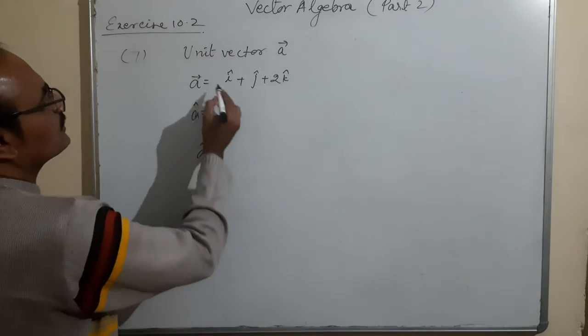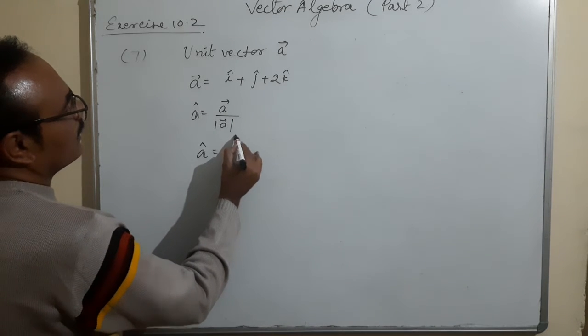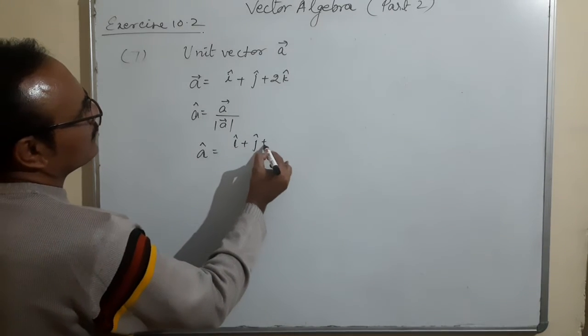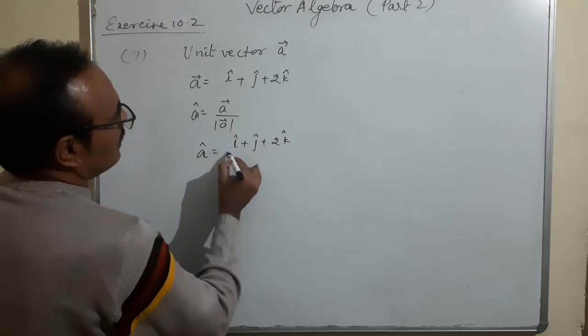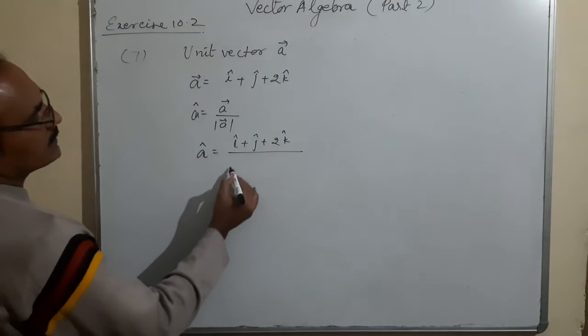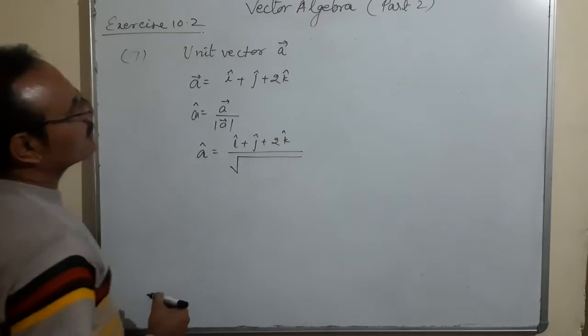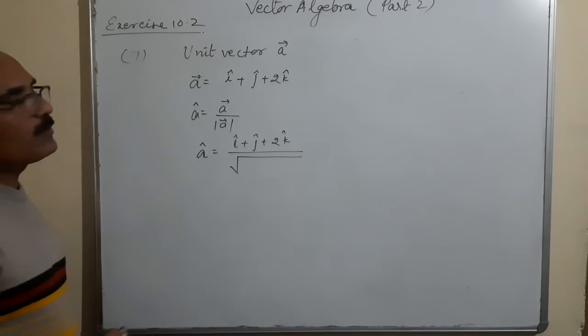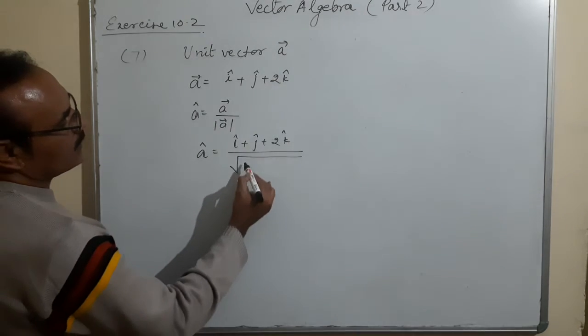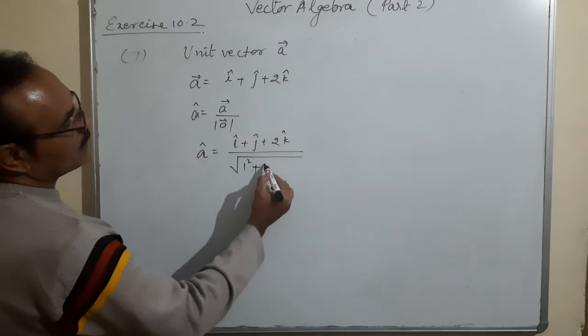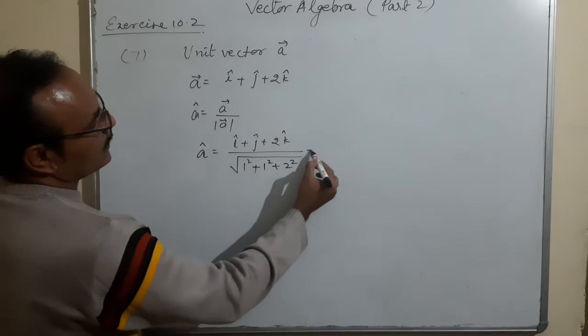Unit vector A is equal to vector A, i plus j plus 2k, upon magnitude of this. Magnitude, what does it mean? The scalar components, like here 1, so 1 square plus 1 square plus 2 square.